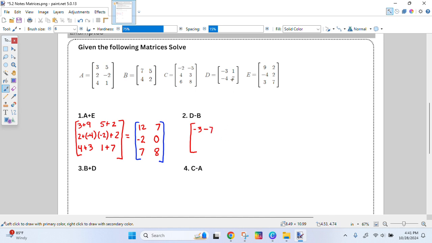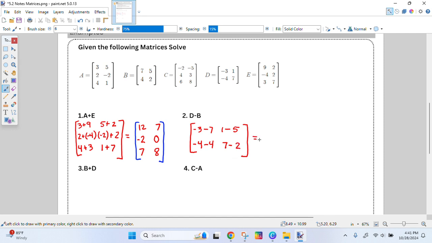Column 2: 1 minus 5. Okay, and now let's look at row 2. Negative 4, because again I'm writing my D's first, minus positive 4, and then 7 minus 2.